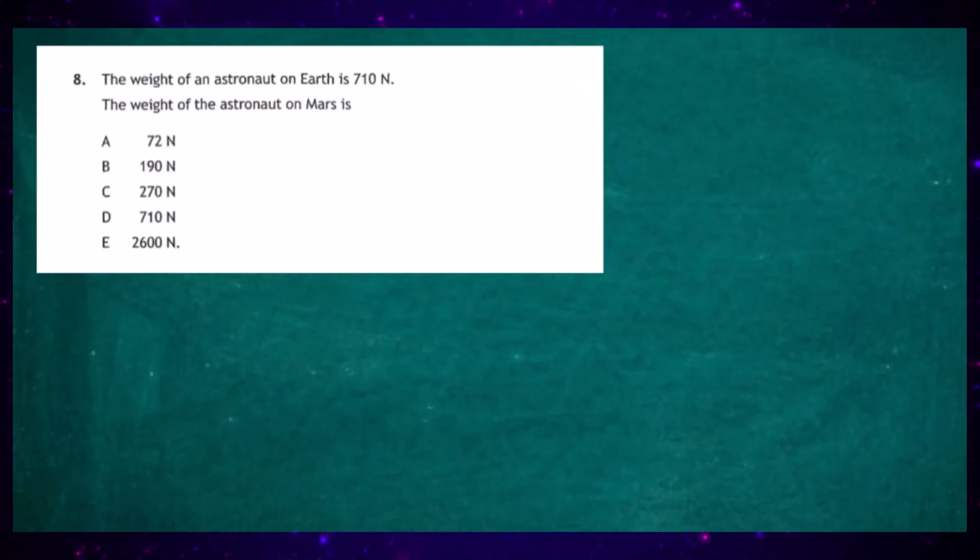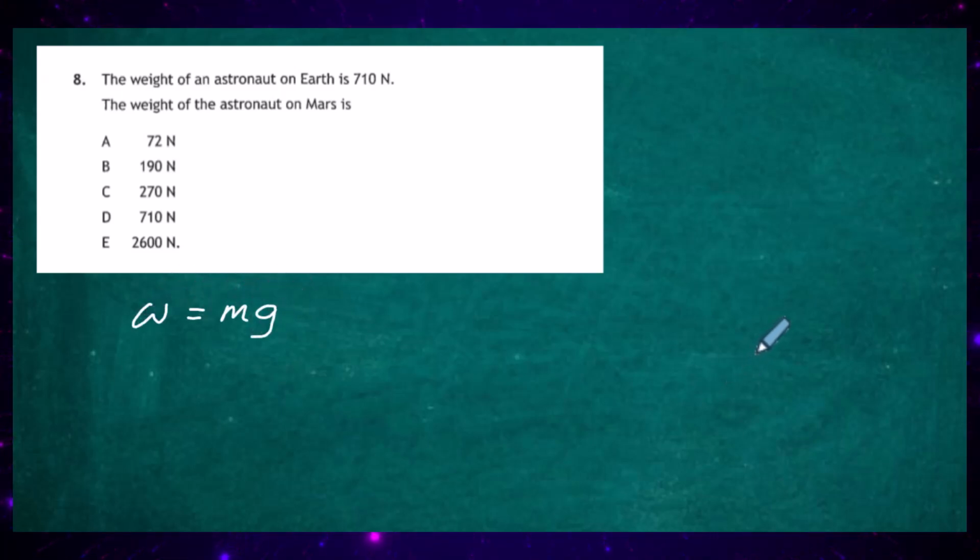Question 8. The weight of an astronaut on Earth is 710 newtons, and we're asked to find the weight of the astronaut on Mars. Well, we do know that the weight of an astronaut is given the following relationship. Weight equals the mass of the astronaut times the gravitational field strength. So we can find the mass of the astronaut on the Earth, because the mass of the astronaut is simply the weight divided by the gravitational field strength on the Earth.